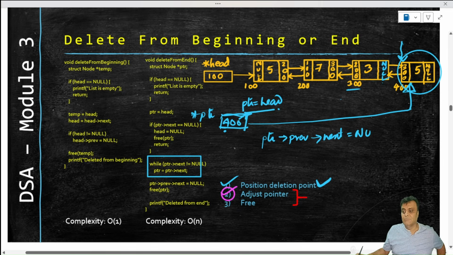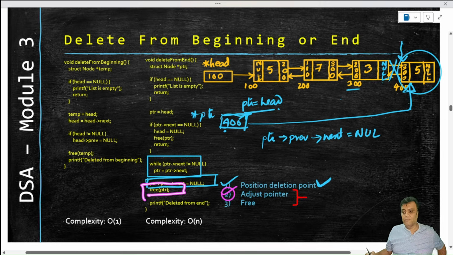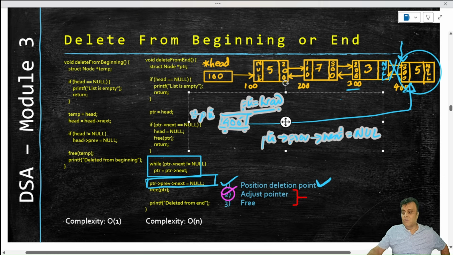Put it as null. That is what we do here. And that separates this link. Now we are ready to free this. So we will say free the pointer. That's all we will do. This is the way we do it for a list which has some amount of elements.